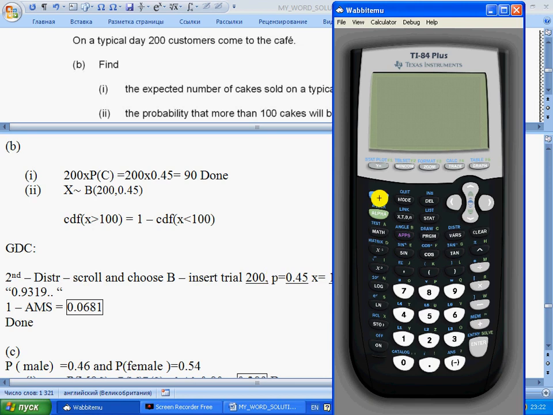So press second, distribution, and here I scroll up, and I find binomial cumulative distribution function. I press enter. So here you should insert yourself: trials 200, probability 0.45, x value 100, so insert, calculate.